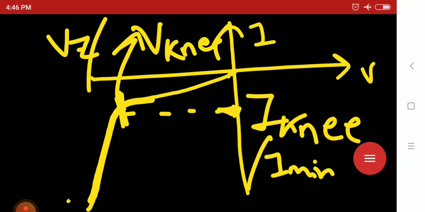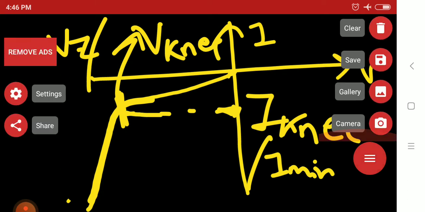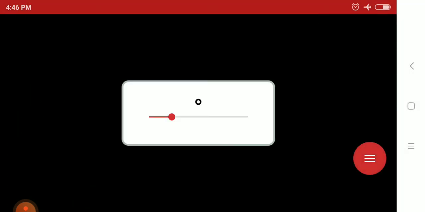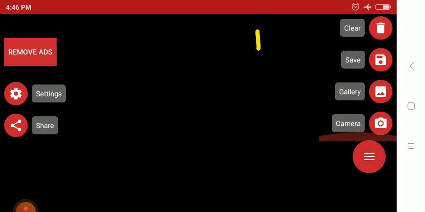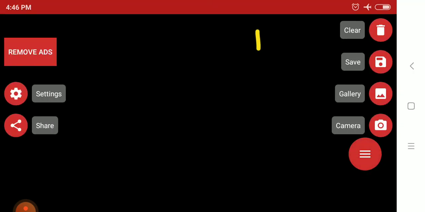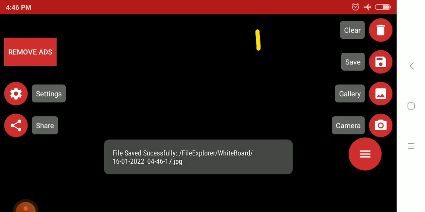First, let us try to discuss the operation of this Zener diode. Let me draw the graph clearly.